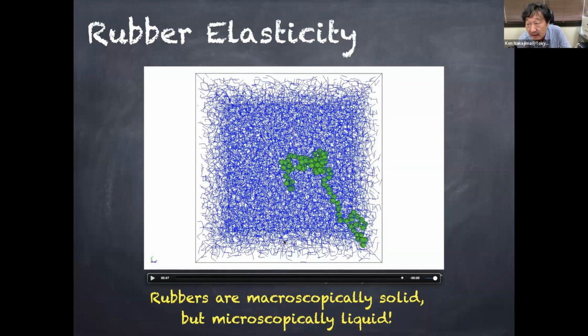Only in rubber, small components quickly move, like in the case of water, other organic solvents, any kind of liquid. Which means that the nature of rubber is quite similar to water, which we will look at later on.